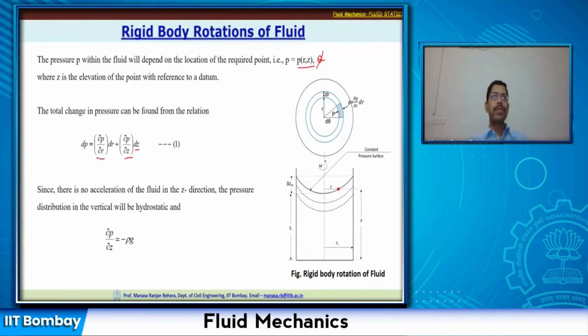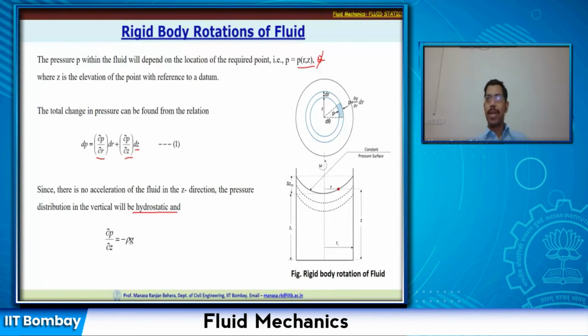Since there is no acceleration in the fluid in the Z direction, the pressure distribution in the vertical direction will be hydrostatic. There is no acceleration because the fluid is rotating about its axis with omega.